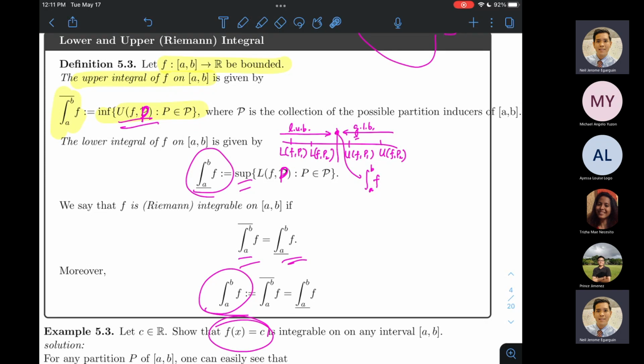Ano? So, basta na-satisfy yung definition 5.2, partition inducer siya. Hindi fix yung number ng mga elements ng partition inducer, hindi rin fix yung elements nila, so talagang infinitely many, uncountably many yung partition inducers. Tapos kukuha ka ng formula para sa upper Riemann sum para mas madali mo makita yung infimum.